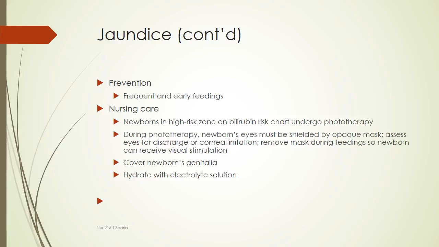Prevention of jaundice is frequent and early feedings, breastfeeding or formula feeding, whatever the parents choose. Nursing care involves newborns in the high risk zone on the bilirubin risk chart undergoing phototherapy, which is basically light therapy. During phototherapy, the newborn's eyes must be shielded by an opaque mask, and assess the eyes for discharge or corneal irritation, and also remove the mask during feedings so the newborn can receive visual stimulation.